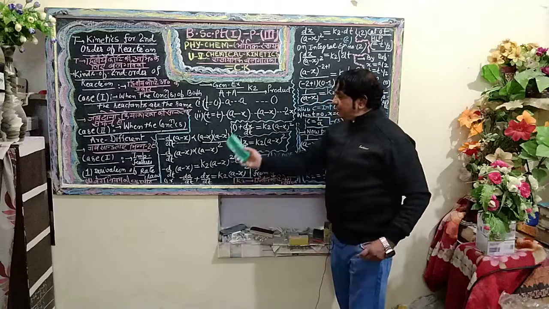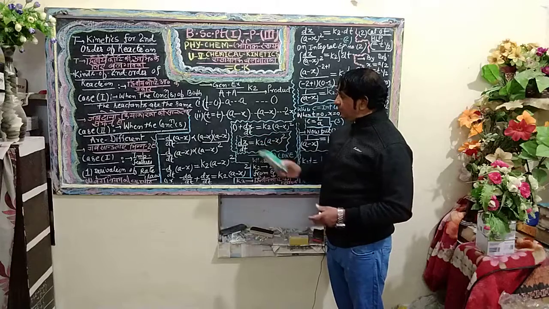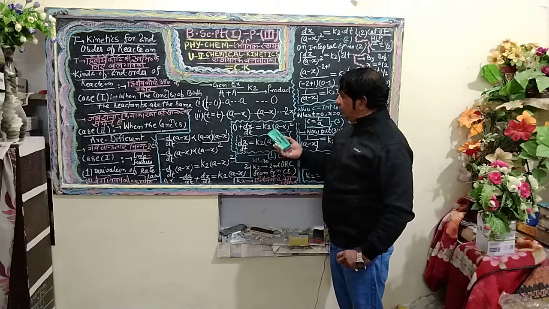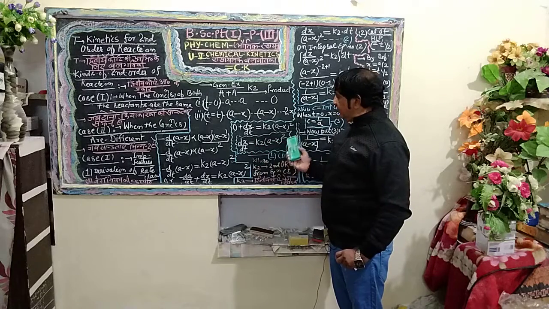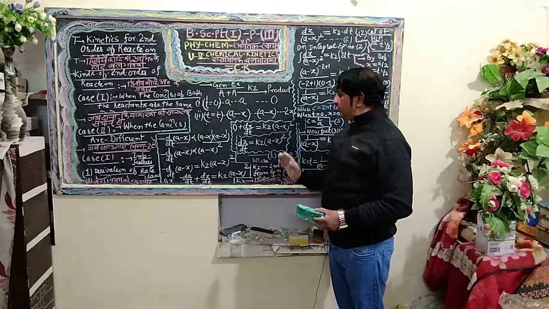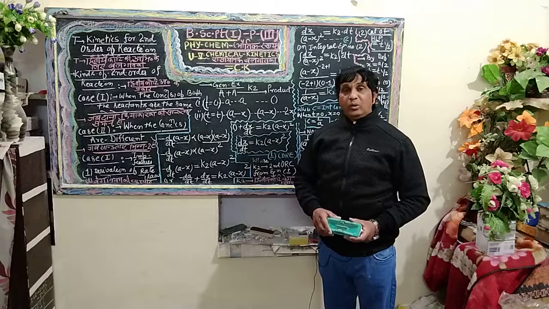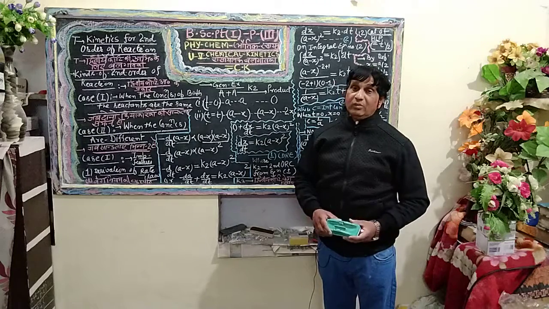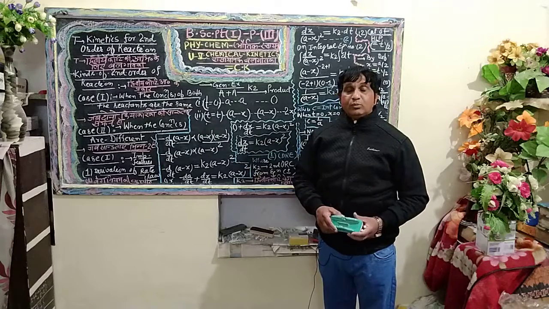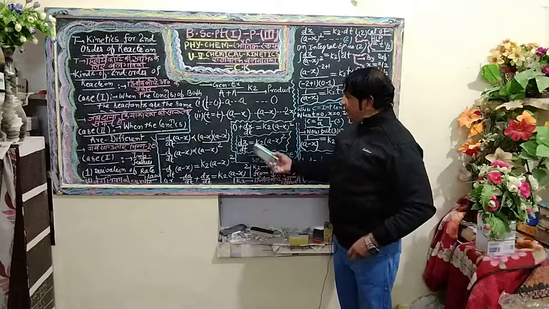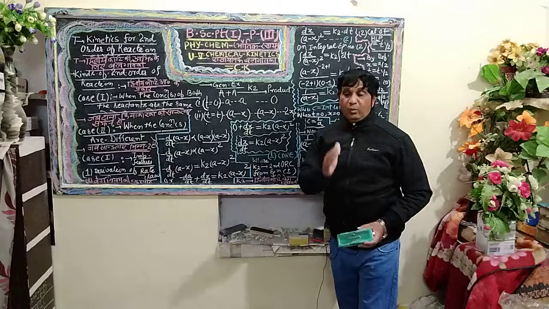This is equation number 1, our first achievement, the differential equation we have derived for the kinetics of a second order reaction: dx upon dt is equal to K2 A minus x whole square.